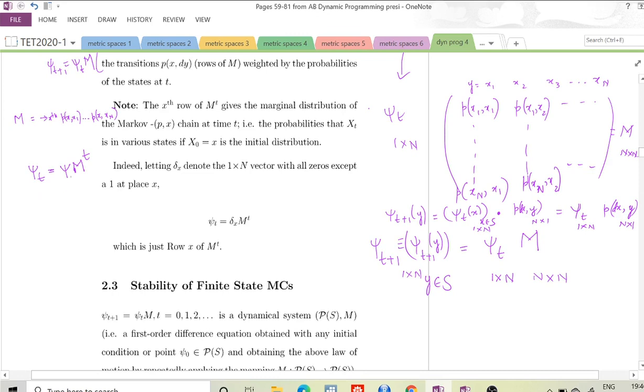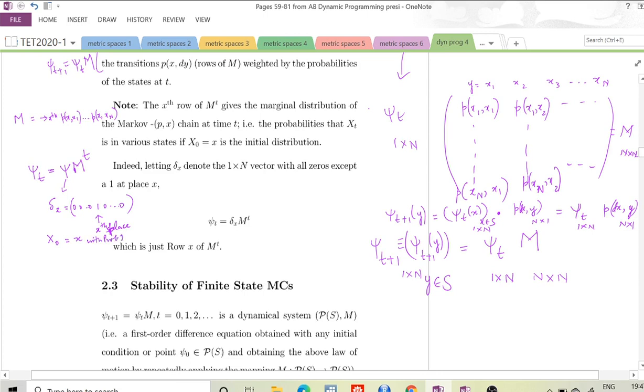To see this, suppose the initial distribution c0 was delta x, which is all zeros excepting one in the xth place. Yeah. So this is saying that initially the state x0 was this particular x with probability 1.